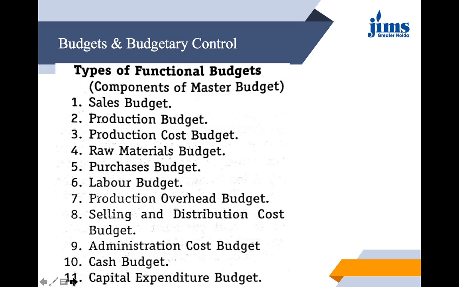From these names you must have got the idea of what we are about to study in the next few lectures. So let us begin one by one. For today, let us begin with the sales budget.